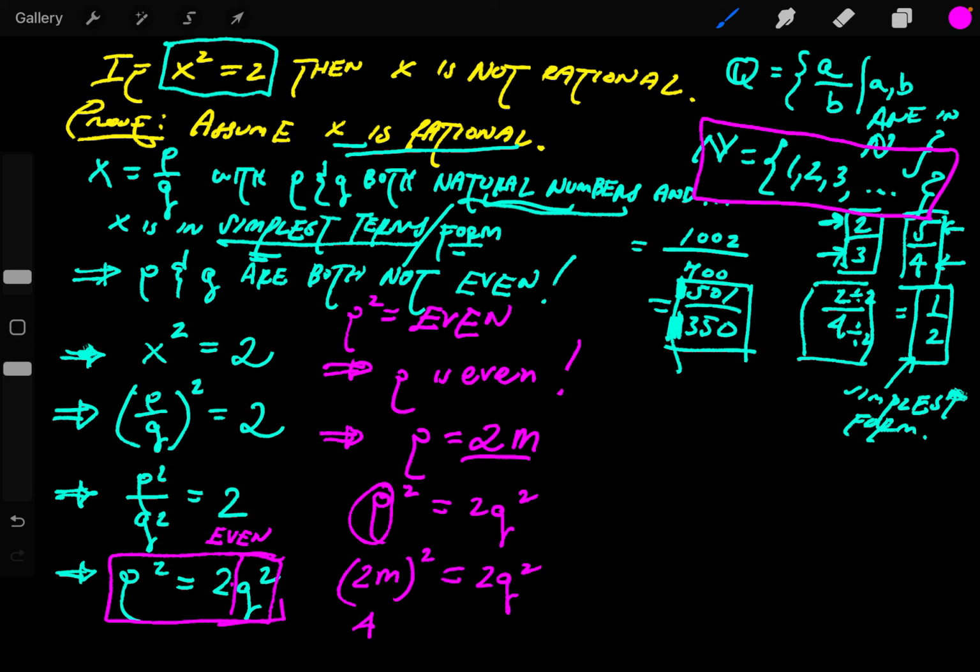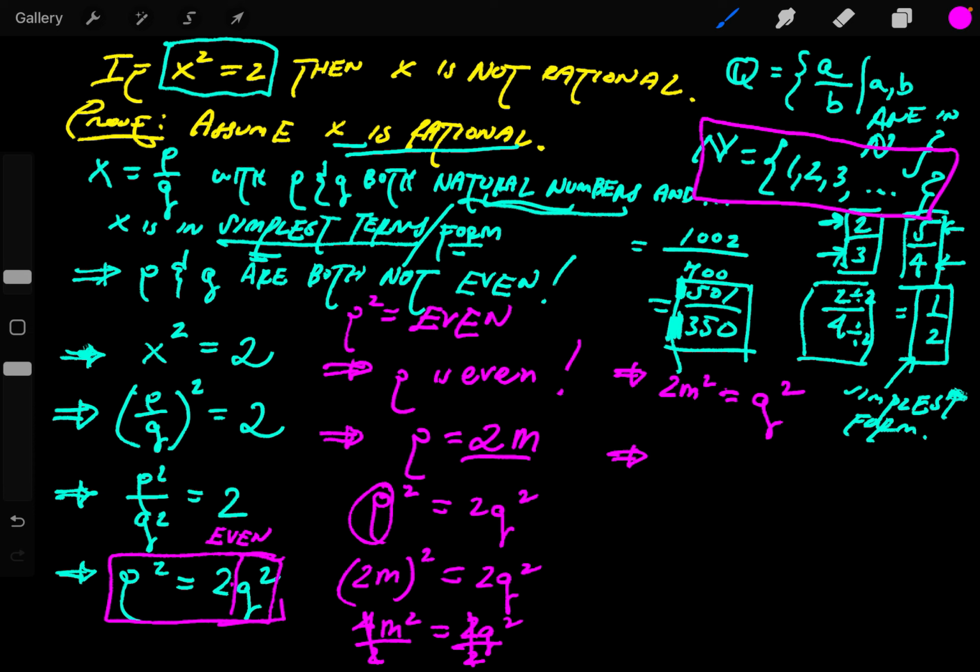But then this is 4m squared equal to 2q squared. I divide by 2 on both sides. This cancels, I'm left with q squared, and 4 divided by 2 is 2, so it's just 2m squared is equal to q squared.